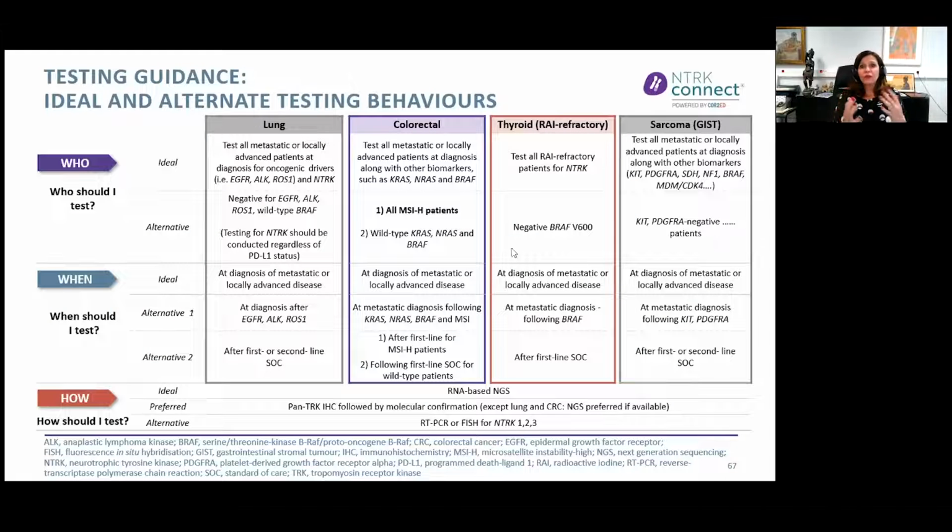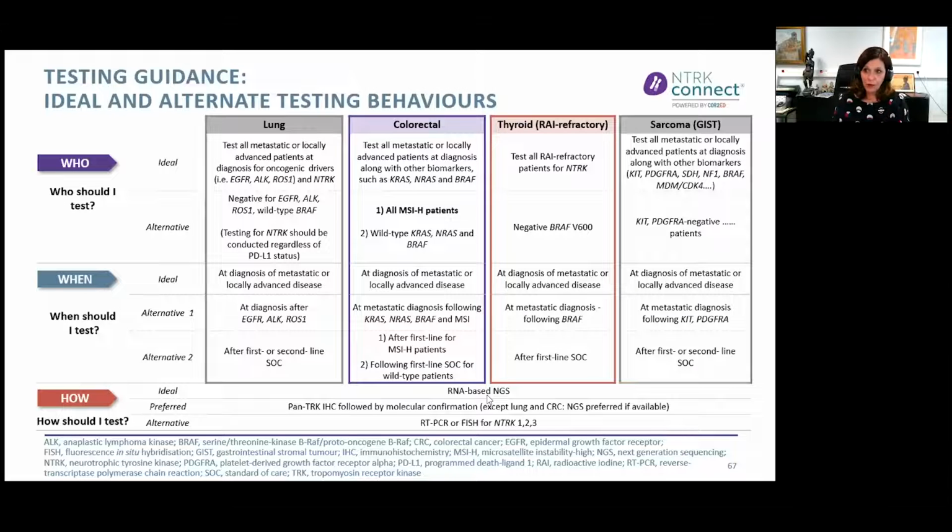We can look at some testing guidance in some of the options that we have, for instance, in lung, colorectal, thyroid, and sarcoma. For instance, in lung, the ideal is to test the cases by NGS, including RNA for the fusion. So you can also cover ALK, ROS1, RET, and NRG1, and NTRK.